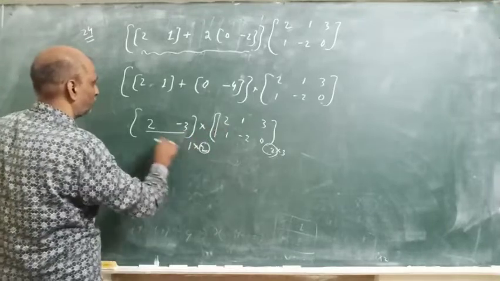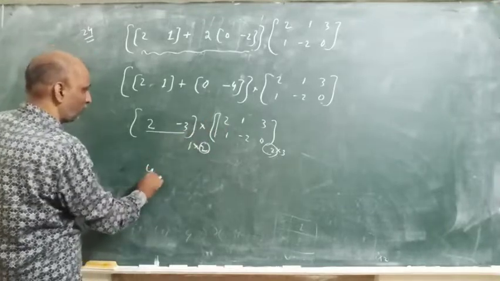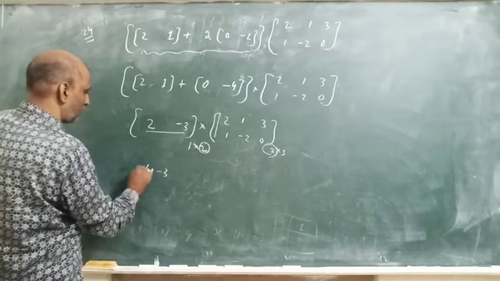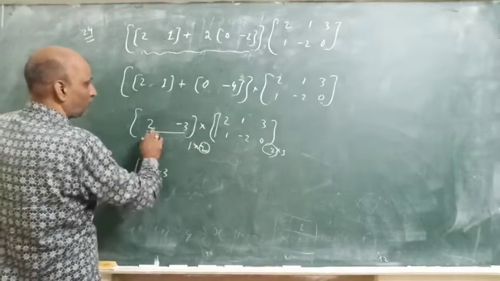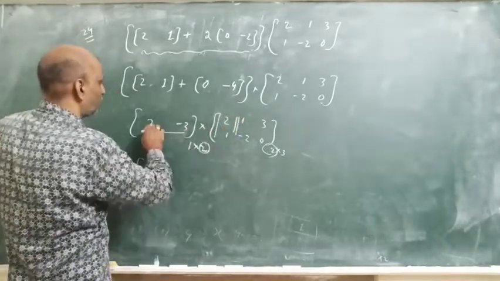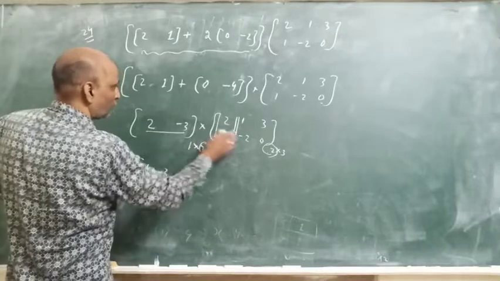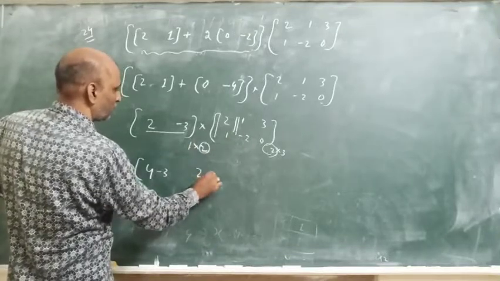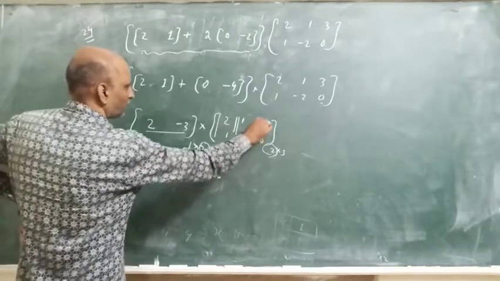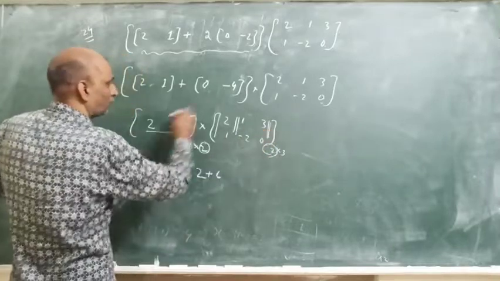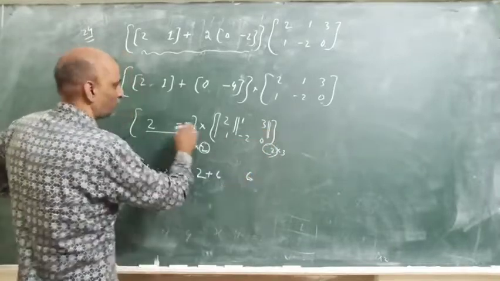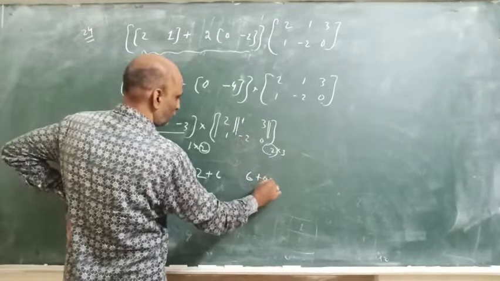Now we will multiply this one with this one: 2 2 is 4 minus 3. Then this one 2 1 is 2 minus 2 minus 3 that is plus 6, then this one 2 3 is 6 minus 3 into 0 0.